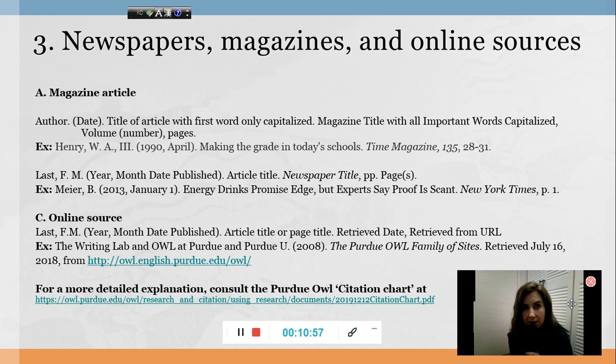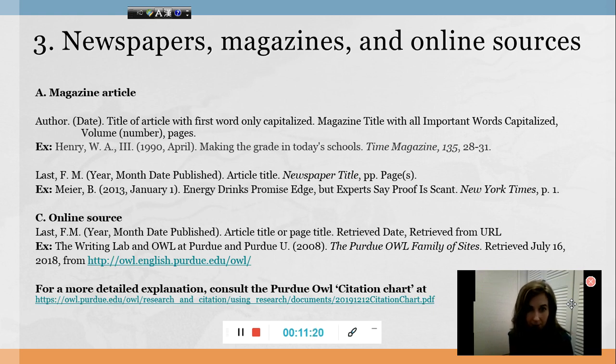Okay, so we have a magazine article, and in the magazine article we have the author and the date. The title, again, title of article with only the first word capitalized. The magazine title with all important words capitalized.